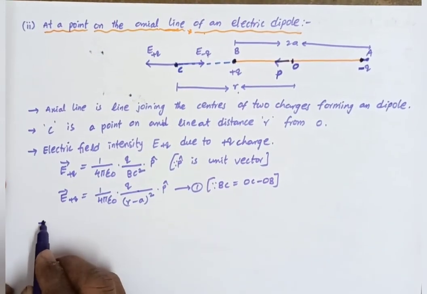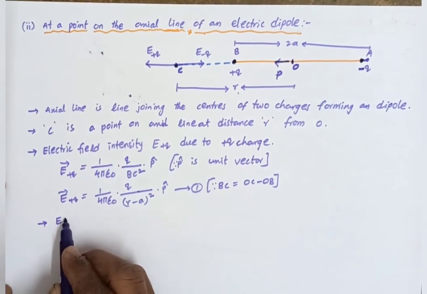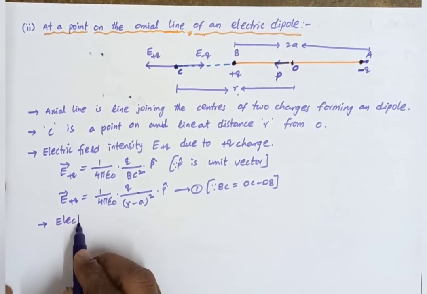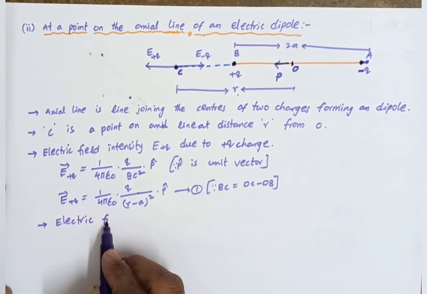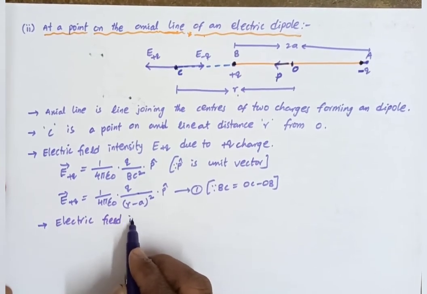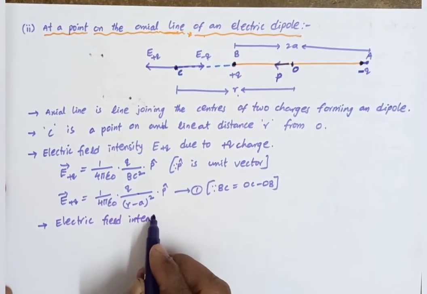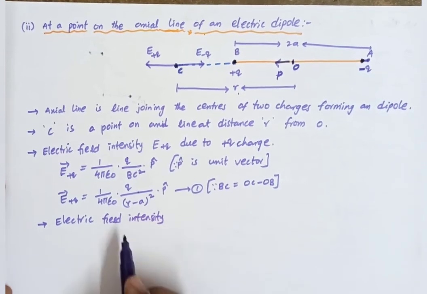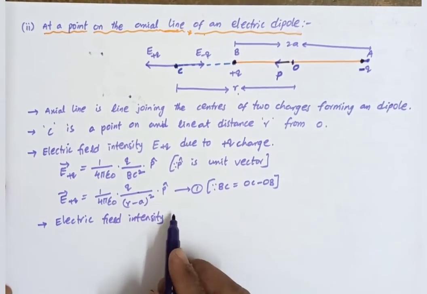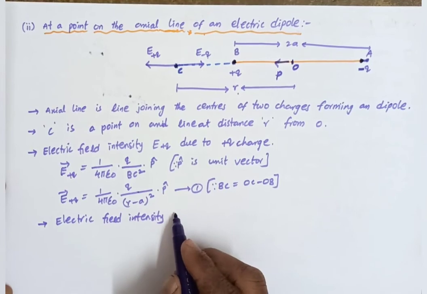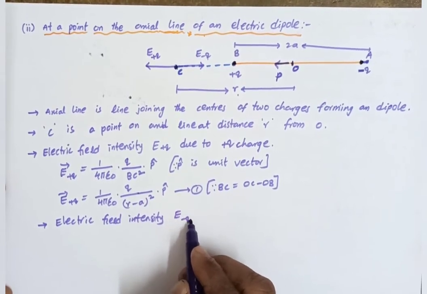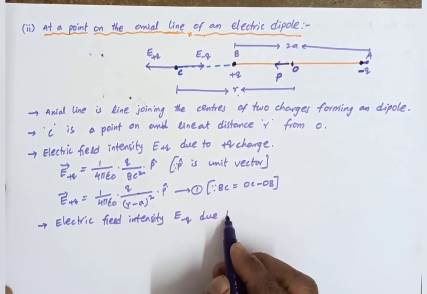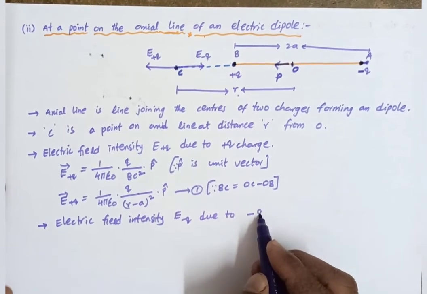Next, the second one: electric field intensity E minus Q due to the minus Q charge.